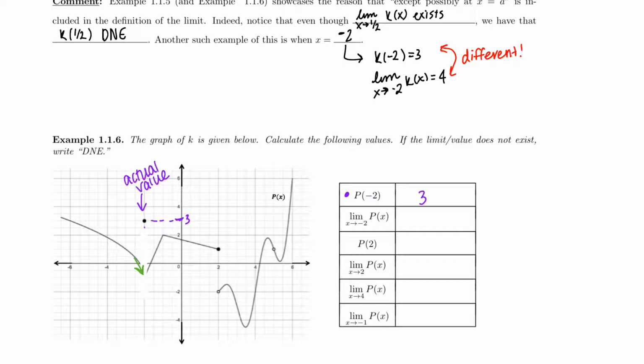From both directions it looks like you're approaching -1. This is -1 right here. So because from either side you approach the same number, the limit as x approaches -2 of p of x is -1.